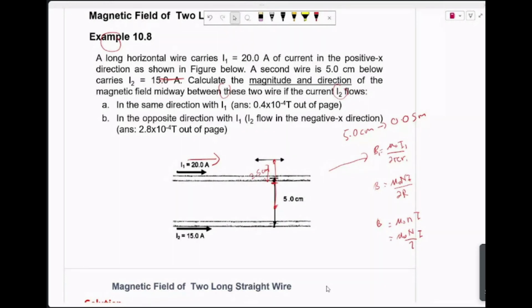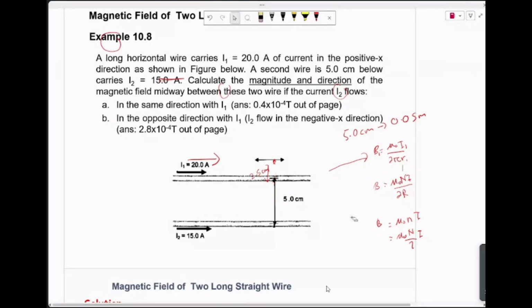Okay, coming back to here. Make sure that you take that value I1. So it's not going to be B2 here. What does it mean? The magnetic field that you are measuring, from r1, is designated from the midway here.